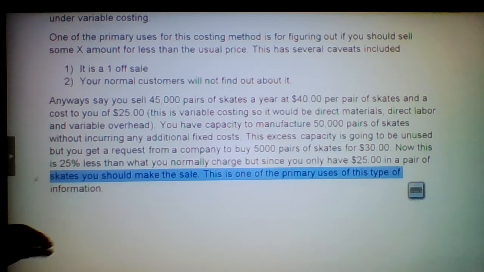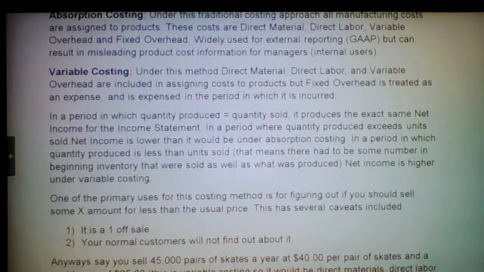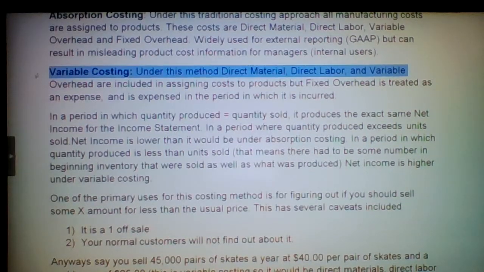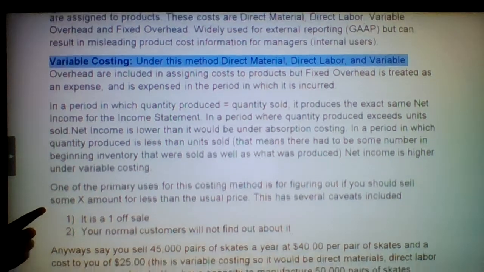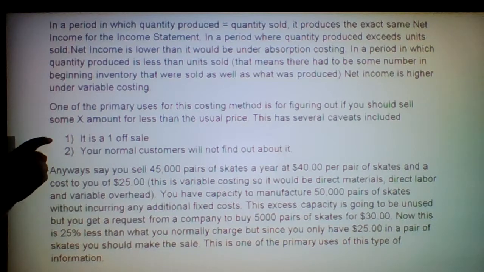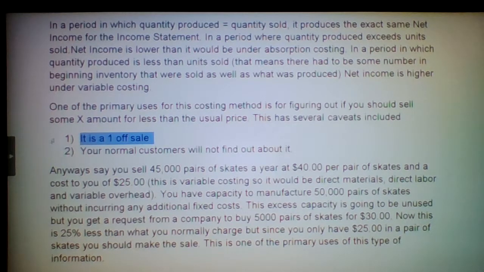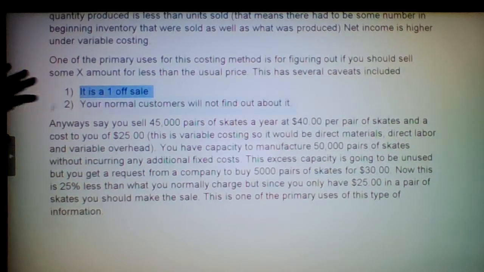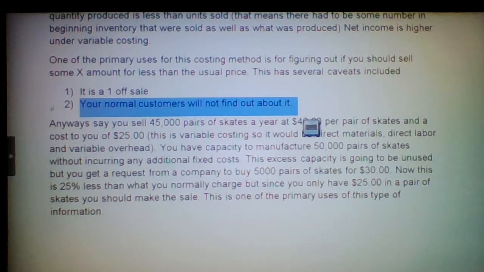This is one of the primary uses of this type of decision making from variable costing. And I really need to stress to you that when you're making a decision based off this model, it needs to be a one-off sale, and it needs to be something that your normal customers would not find out about and go, oh, hey, we hear you're selling these for $30, now we want $30.